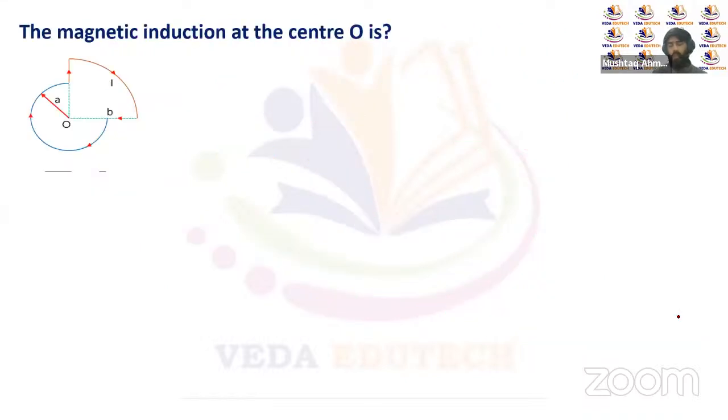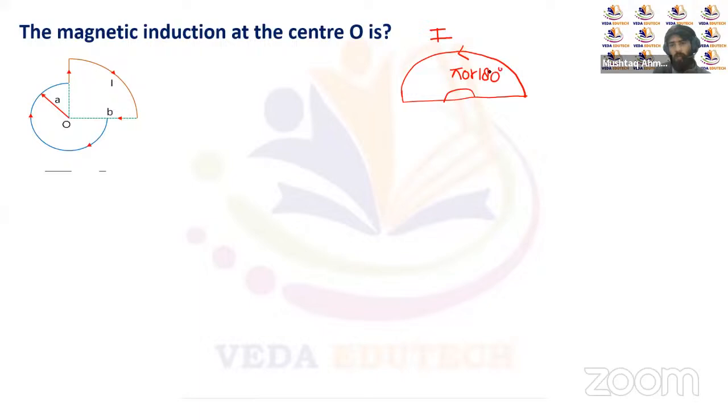Similarly, we can have different cases. Let's suppose we have a semicircle here, and the current I is flowing through it. This semicircle will subtend an angle of pi or 180 degrees at the center.